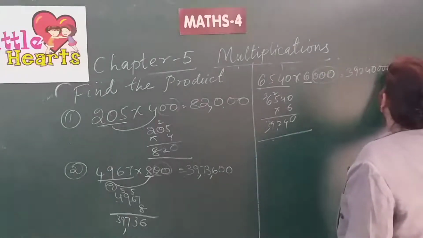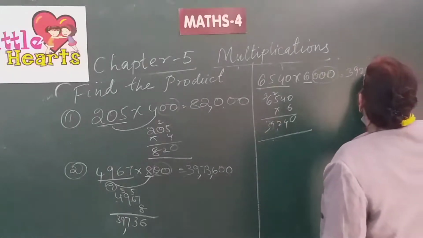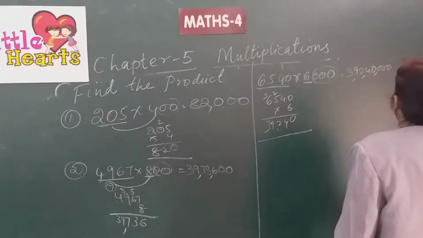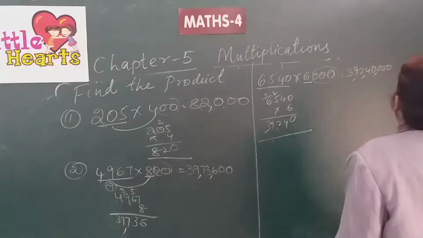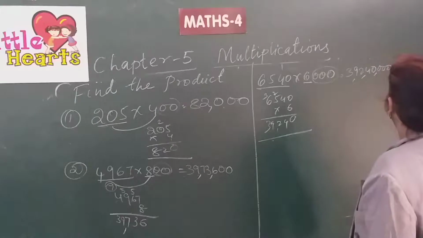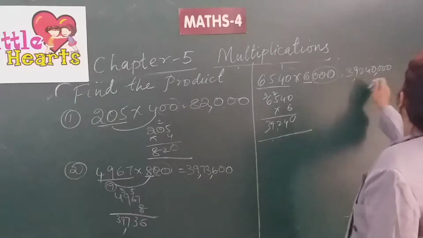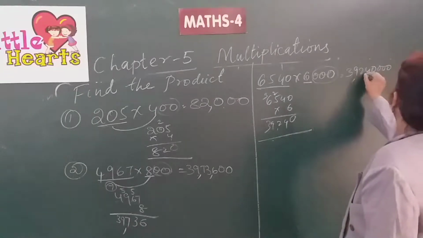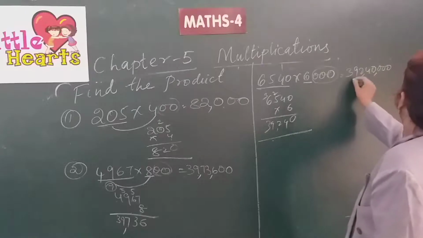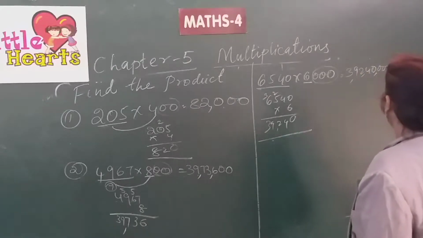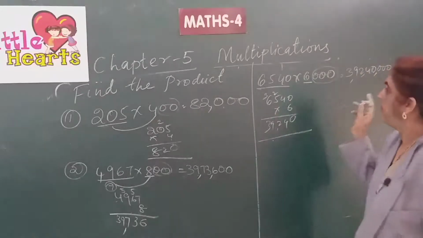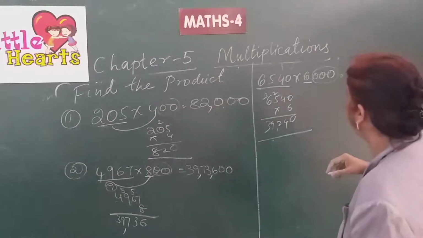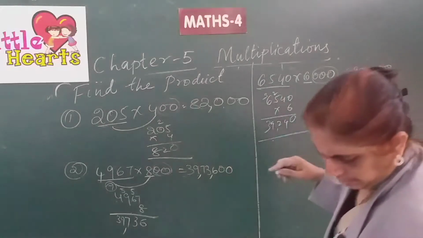Those should be followed by these 3 zeros. Three crores 92 lakhs 40,000 is the product of 6,540 and 6,000.